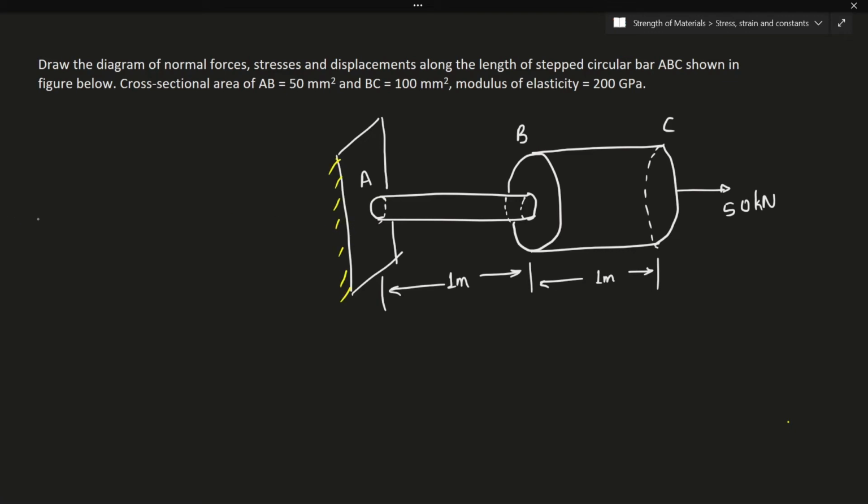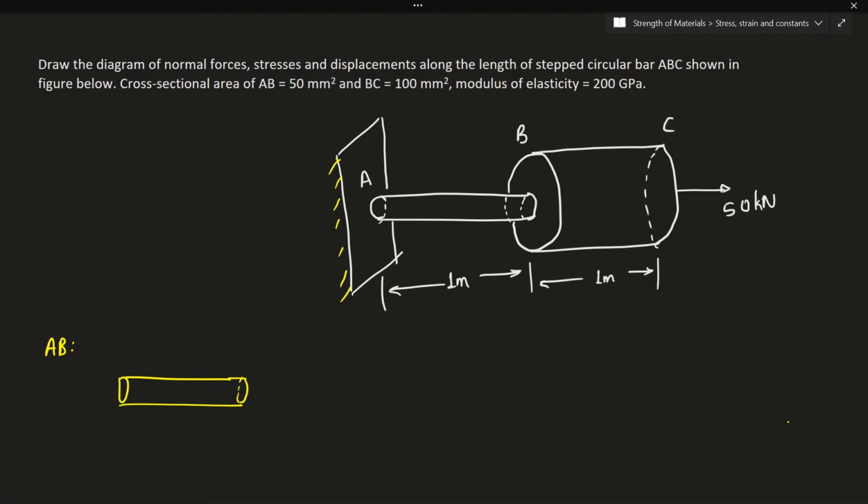Now I'll just write a free body diagram for AB. For AB, I'll have a small circular rod, something like this. Now what would be the forces acting upon this? This particular fixed plate would give some reacting forces on AB. So the reacting forces, what will be the value of this?